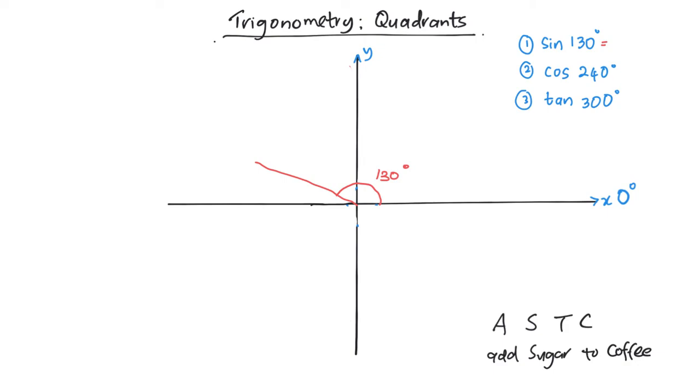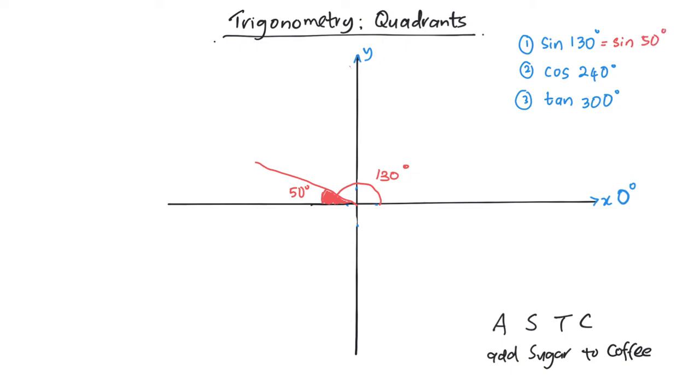So 130 degrees is equivalent to the angle here from 180. What is the angle here? This will be 180 minus 130. This will be 50 degrees. So therefore, sine 130 equals positive sine 50 degrees.